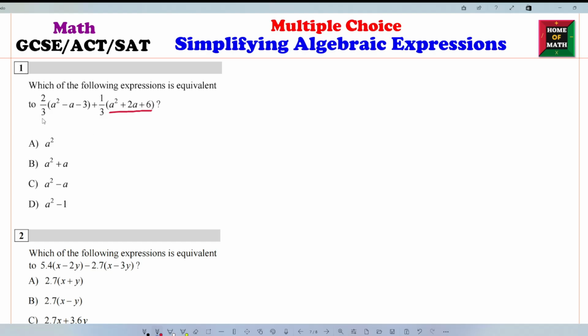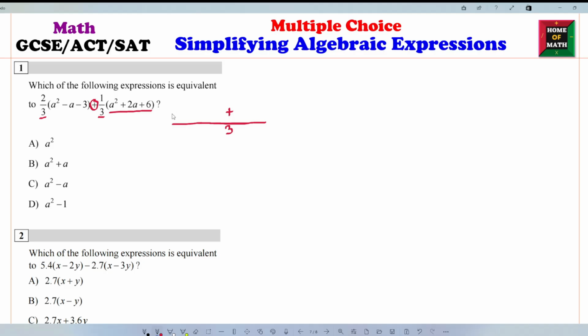Look, this denominator is 3 and this denominator is 3, so we can write 3 here. Okay, and here is a summation. The LCM of both is 3, so we just add the two fractions.